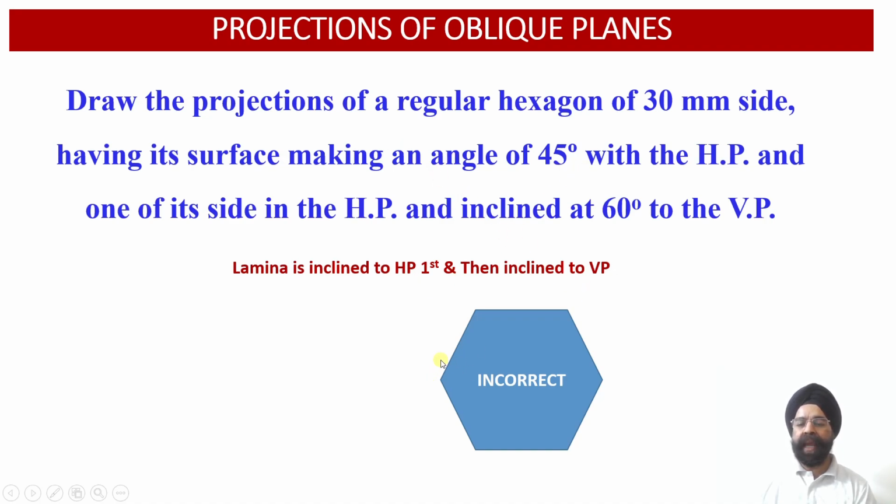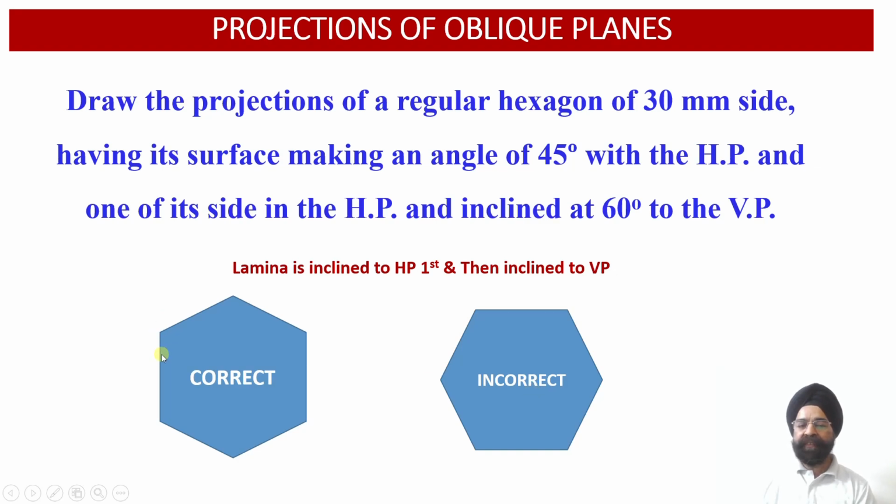The lamina will be resting on the ground on one of its corners, either this corner or this corner. This violates the requirements of the problem statement, because we know that this hexagonal lamina has one of its sides in the horizontal plane. So we cannot locate the lamina in this orientation.